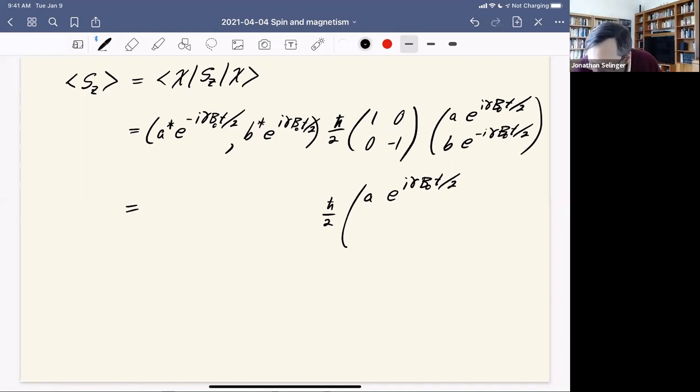On the bottom, I have 0 times the A thing plus minus 1 times the B thing, so negative B e to the minus I gamma B naught T over 2. And all of that times this same row vector.